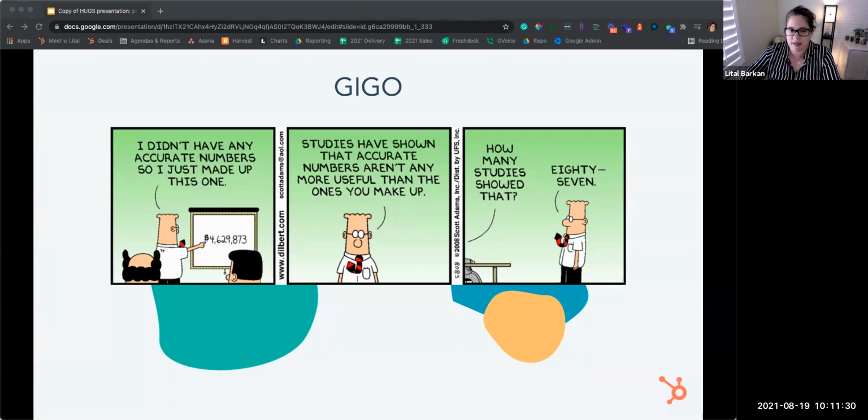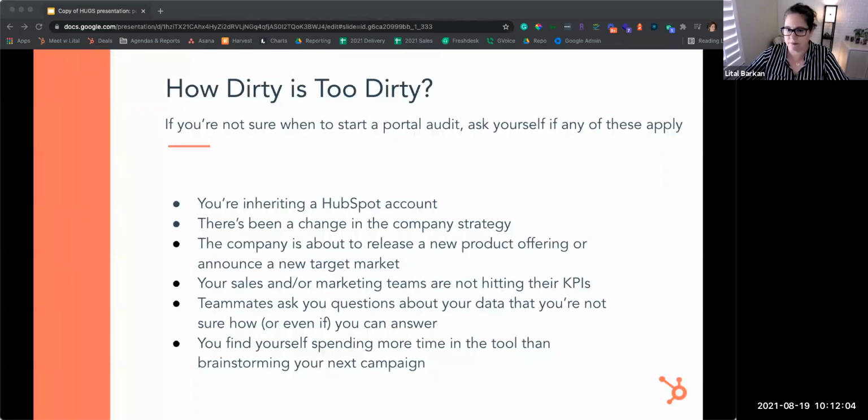So you do a little digging, you look at more reports, and you discover that one element of the campaign, a webinar, for example, was not tagged with the correct campaign. And so in the reports, you're not showing all the hundreds of leads that came in from the webinar, where in fact, it was your best campaign ever. So the problem with garbage in, garbage out is basing decisions on bad data is worse than on no data at all, which is why it's important to clean up every once in a while.